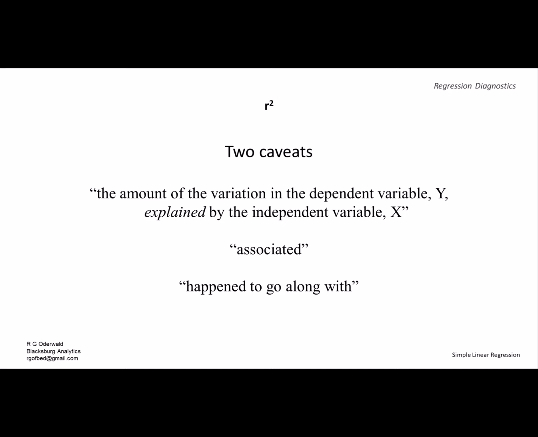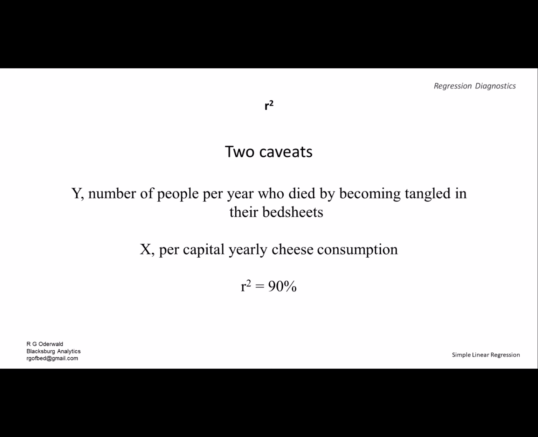Explanation is just an easier way to describe R square. For example, predicting the number of people per year who died by becoming tangled in their bed sheets from the per capita yearly cheese consumption has an R square of 90%. Clearly, cheese consumption can't explain malicious sheets.